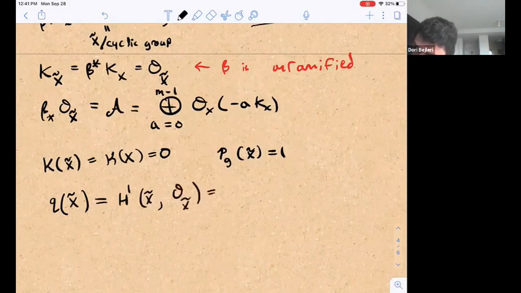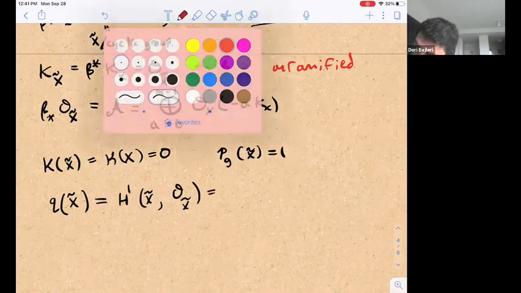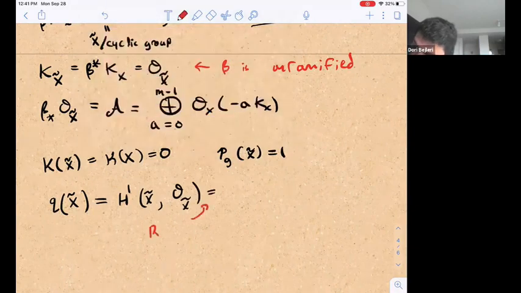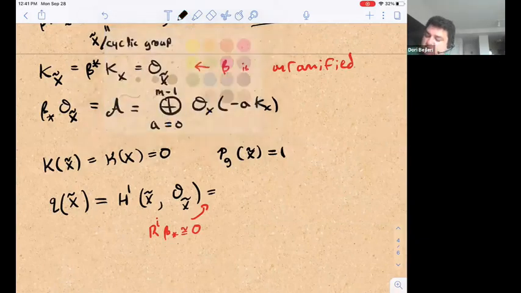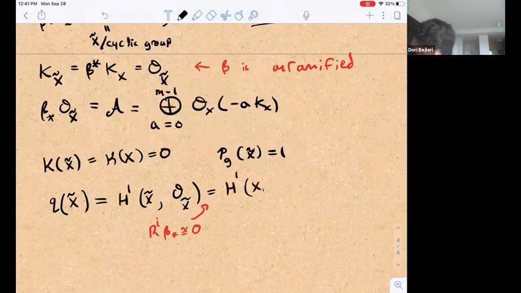Because beta is finite, the higher direct images of beta are 0. And so if we want to compute cohomology upstairs, we can just push forward and compute cohomology downstairs. So this is the same as H^1 on X of the push forward, which we have a formula for here.